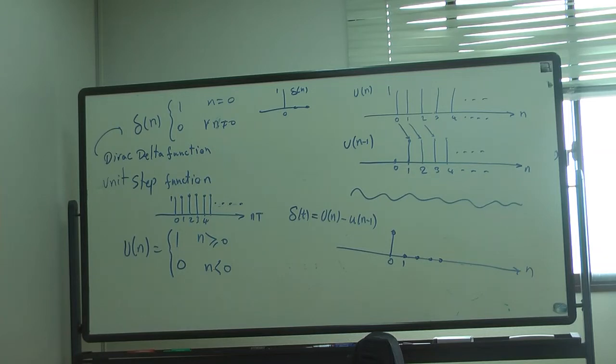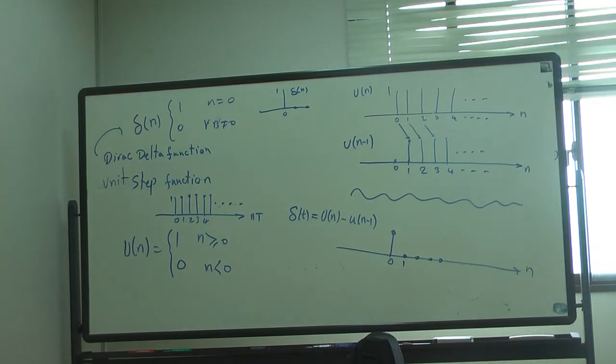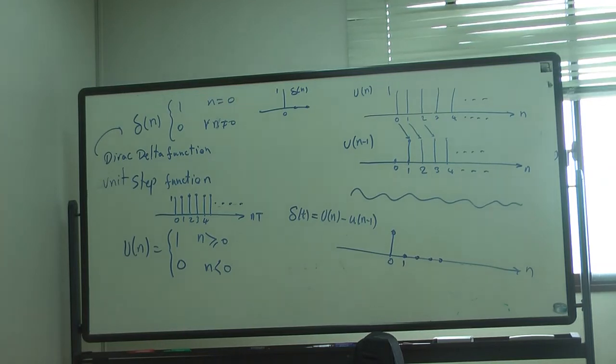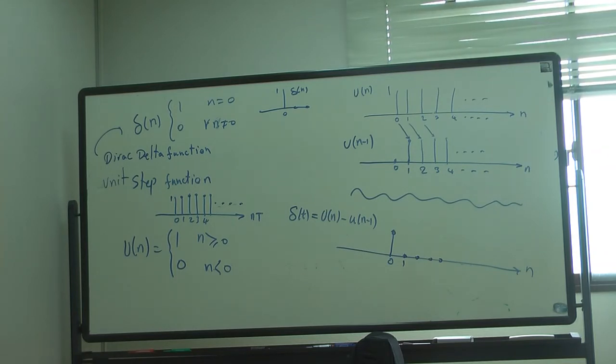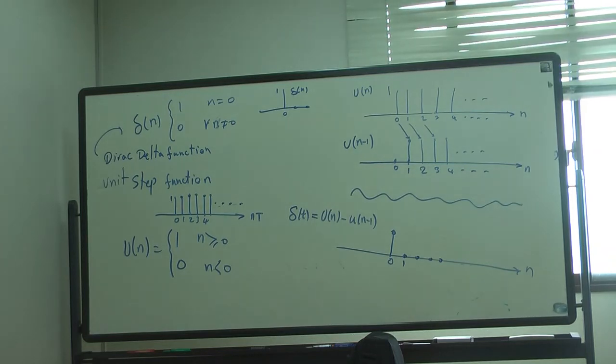Sum over i of h i, x n minus i. So this is general. This is the output y n related to x n and the impulse response h n. So this is convolution in discrete time. Discrete convolution uses summation instead of an integral. You can write in this form, and then you put delta in here, as I told you, and you find h n. So this is still time invariant.